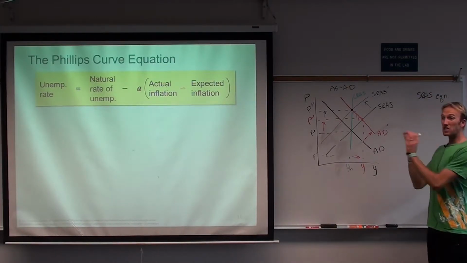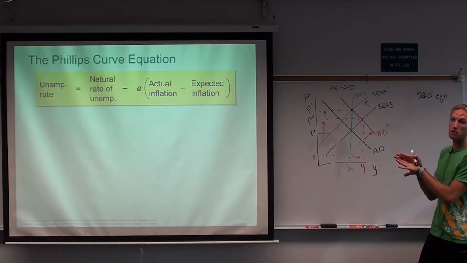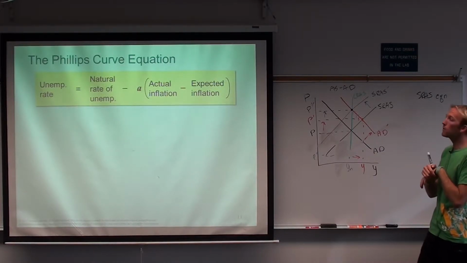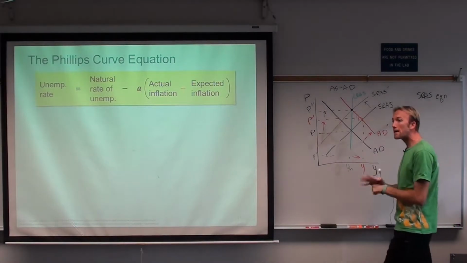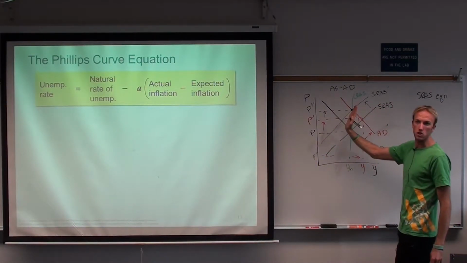So technically, I've actually already taught you this before. You've seen something that looks very similar to this two chapters ago when I taught you the formula for the aggregate supply. Remember, it was these guys who came up with the short-run aggregate supply moving issue, right?